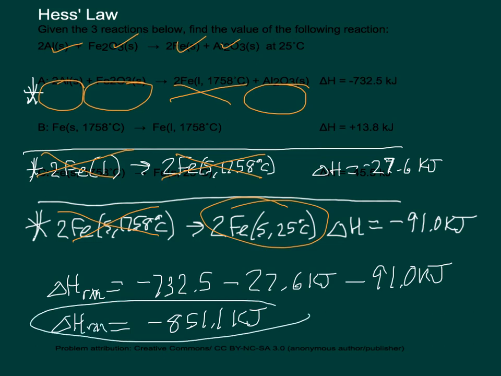So there you go. That's using Hess's law to solve for a delta H of a reaction using the summation of the other reactions.